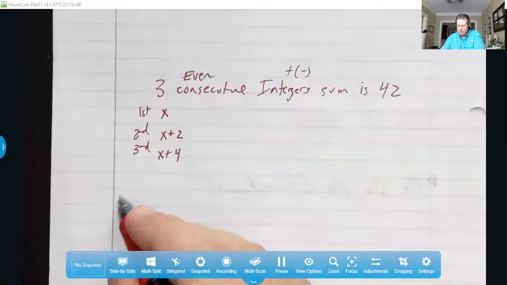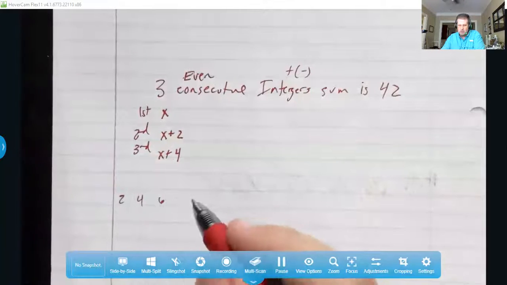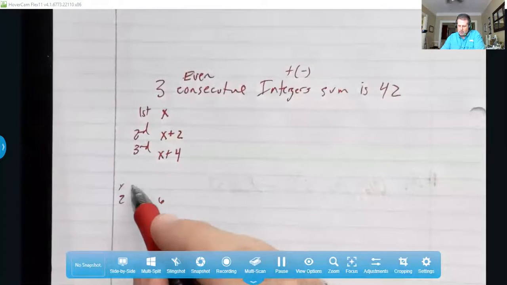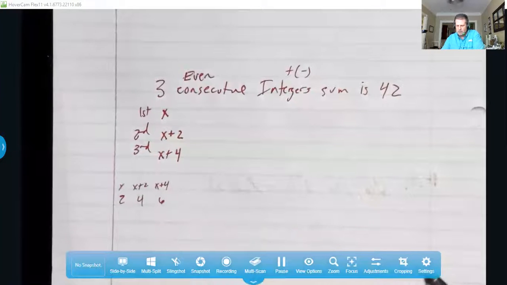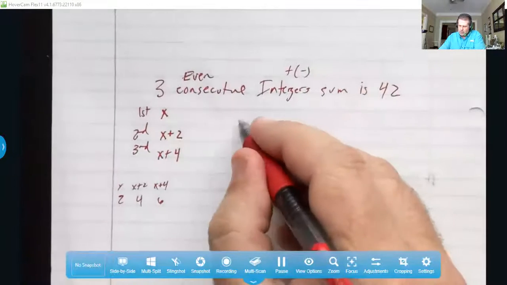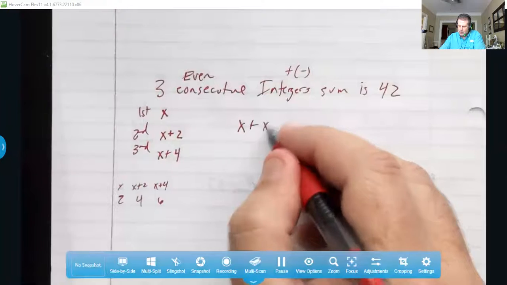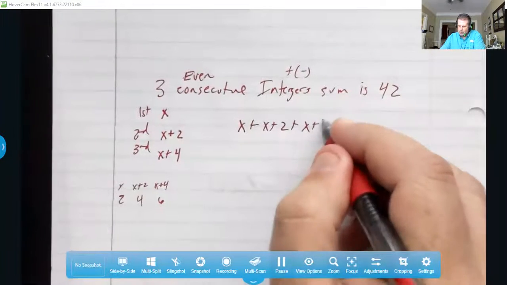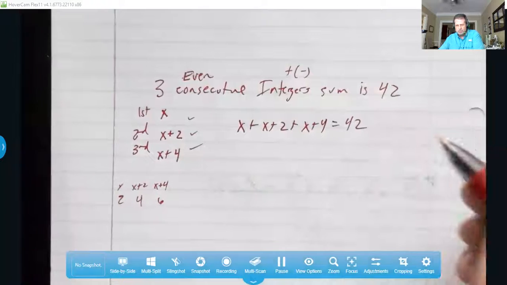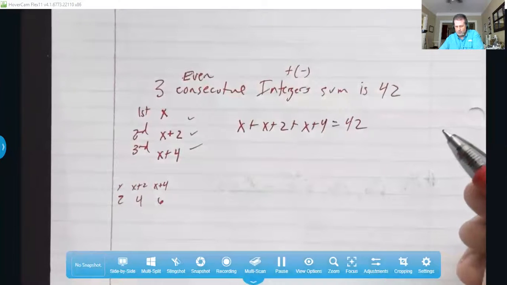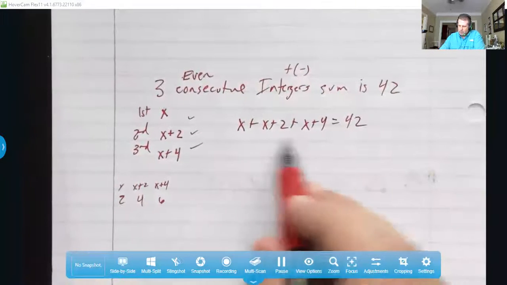Because if you think of evens, 2, 4, 6, if this is x, this would be x plus 2, and this would be x plus 4. So we're going to take x plus x plus 2 plus x plus 4, and it's going to equal 42. Okay, so we're going to add those up.